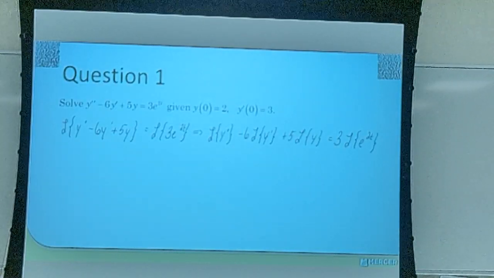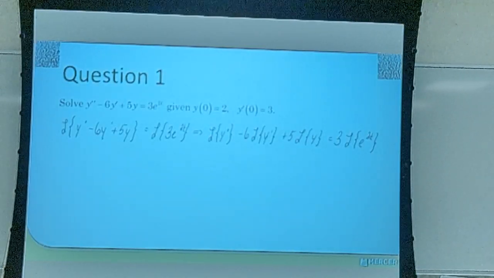Then use your linearity property, and now use the results.